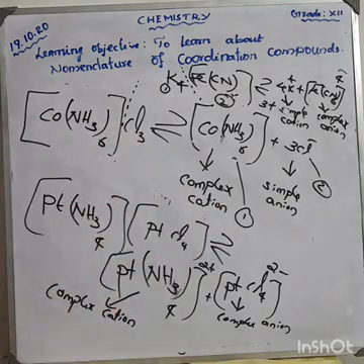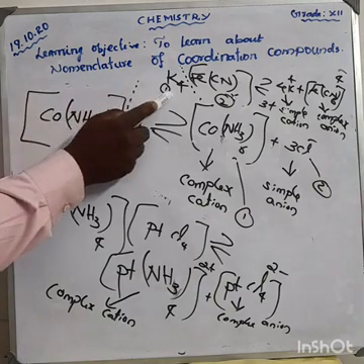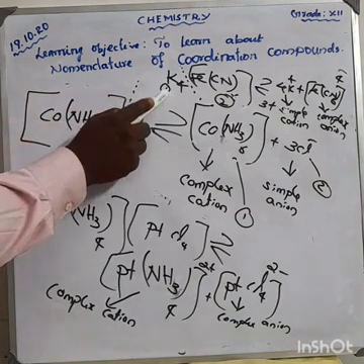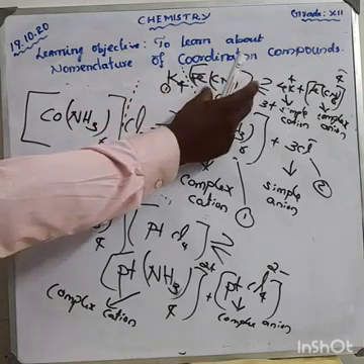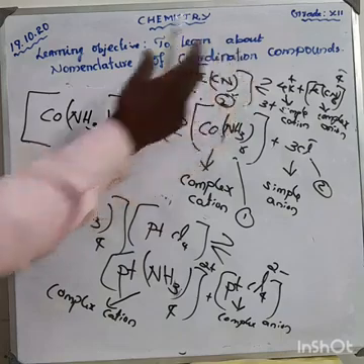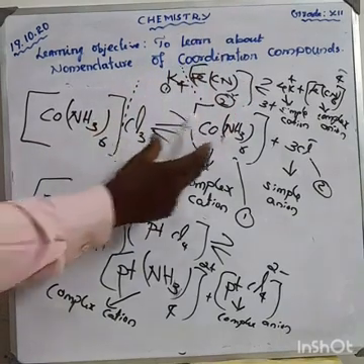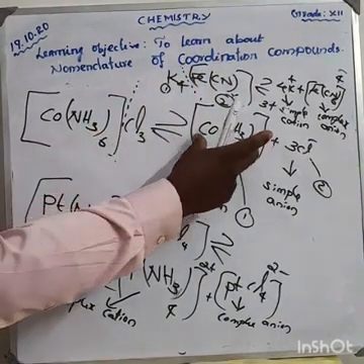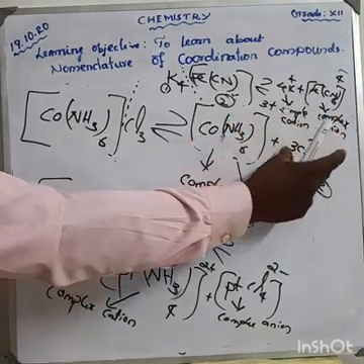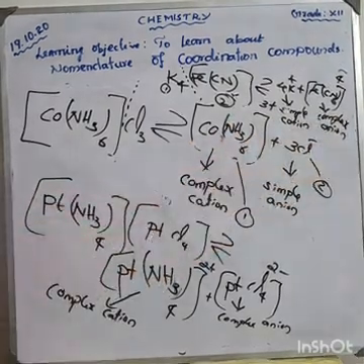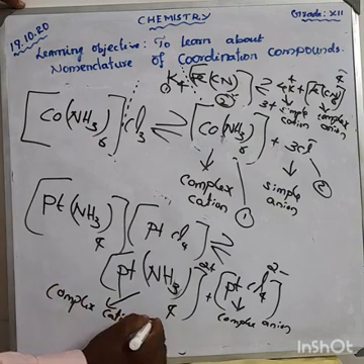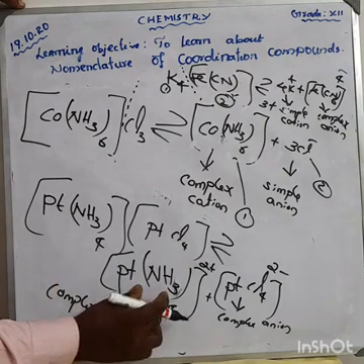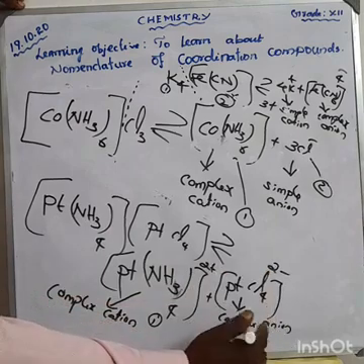So first of all, you should learn the rule. In the first one, we give the priority to the simple cation, next to the complex anion. In the second category, you give the priority to the complex cation and next go to the simple anion. The third one, first priority goes to the complex cation, next to the complex anion.